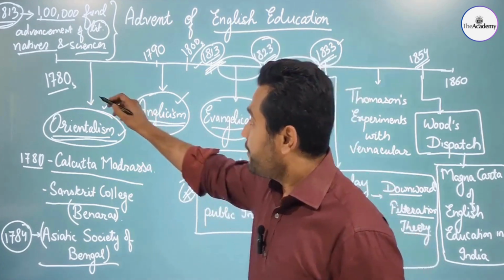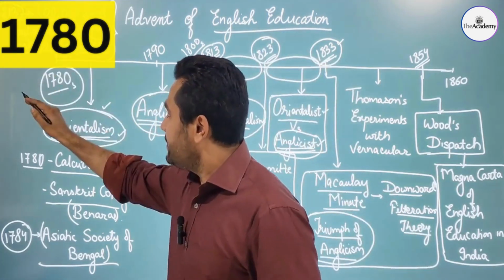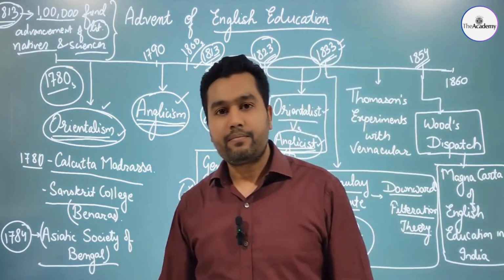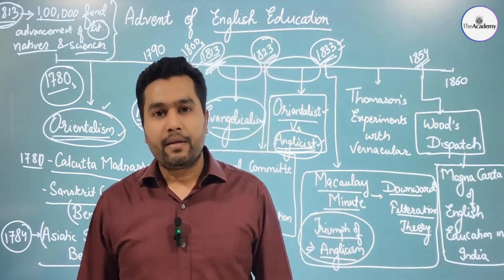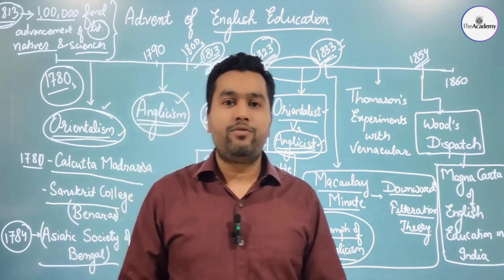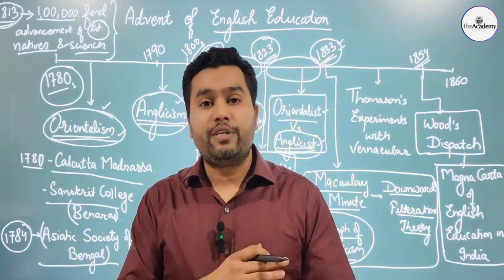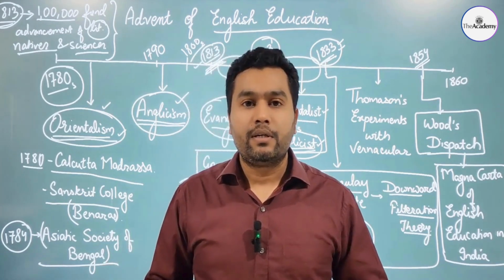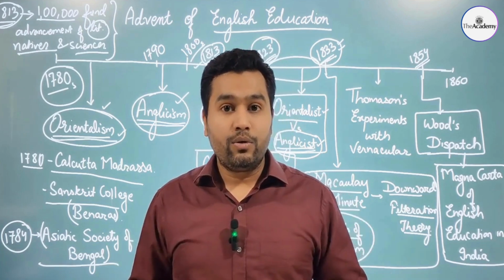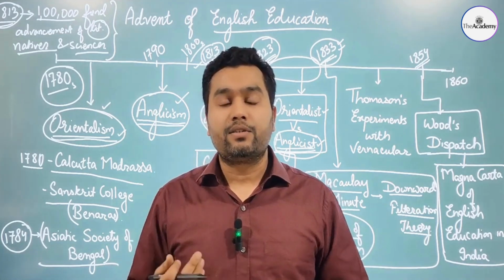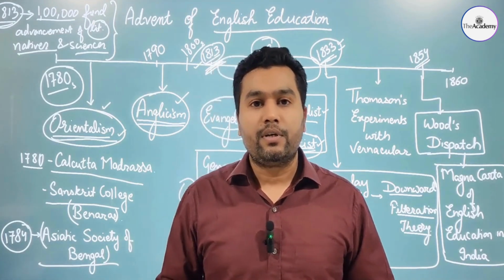Now we saw that from the 1780s, there was a complete radical shift taking place by 1833. The English language was to serve two purposes: create a class of internal administrators and also promote utilitarian principles, ideas, and socio-cultural policies.